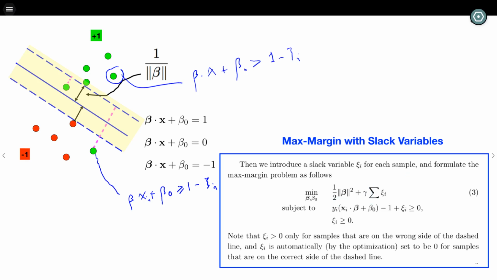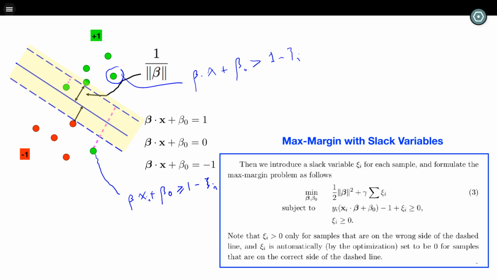So it's a sum of the two terms. The only difference when we compare this soft margin versus the hard margin is that now in our objective function we have gamma times the sum of the errors psi i.